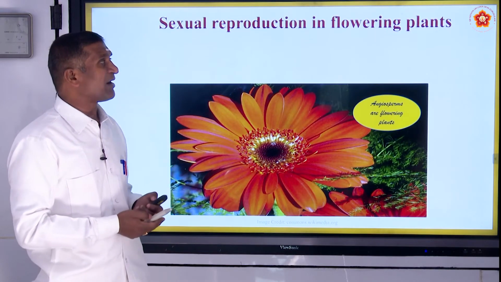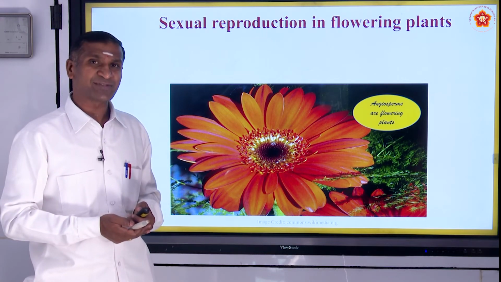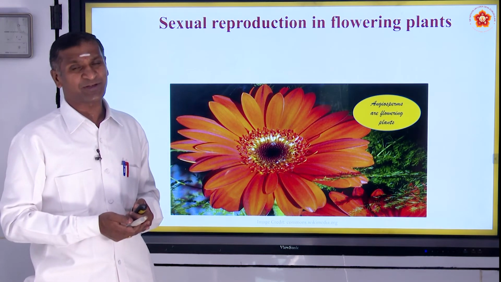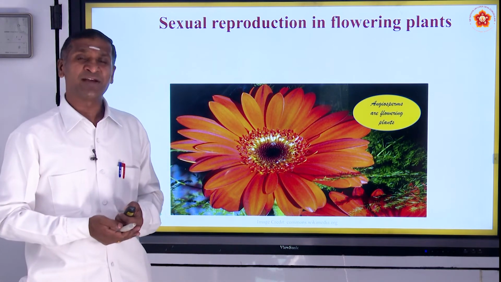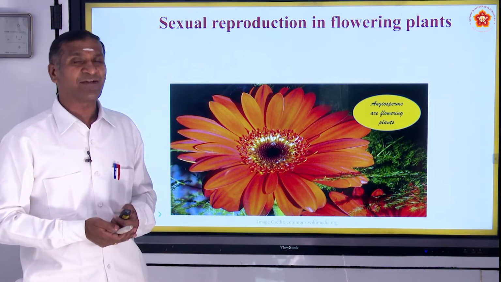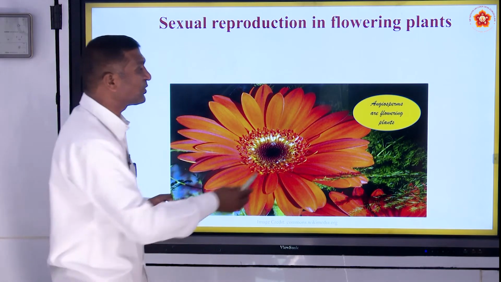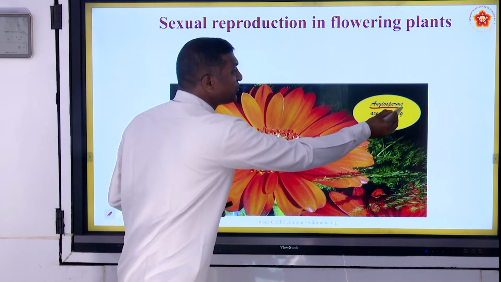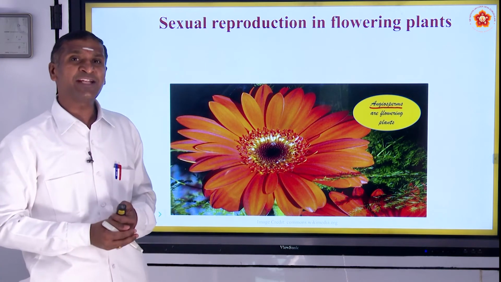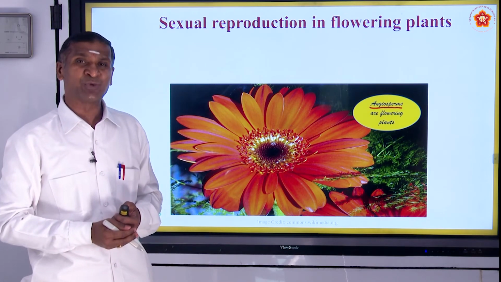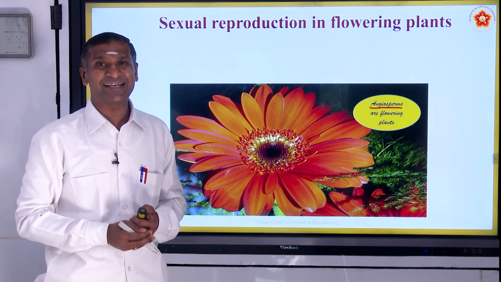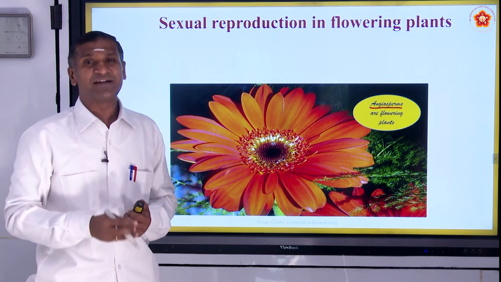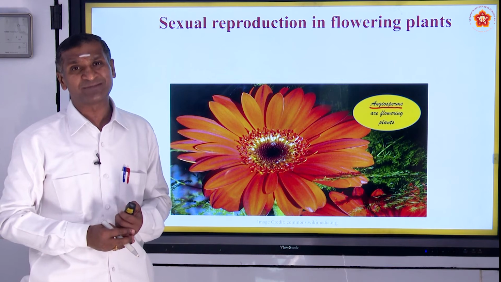These flowering plants, how do they reproduce? It is sexual reproduction. Sexual reproduction in flowering plants, and flowering plants are also called angiosperms. Angio means capsule, sperm means seed, capsulated seed. Seeds are covered within the seed coat.